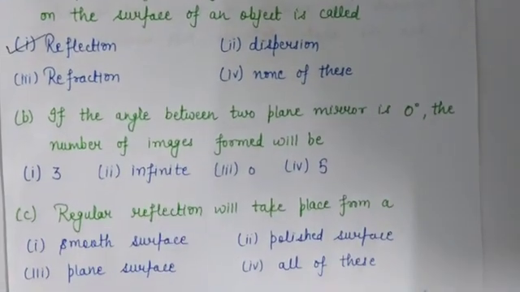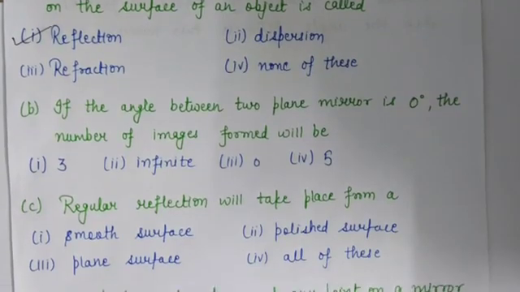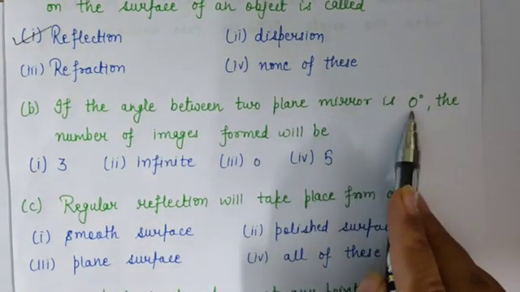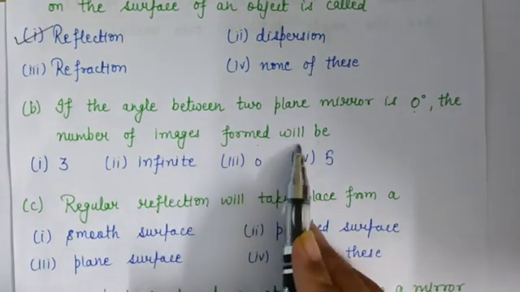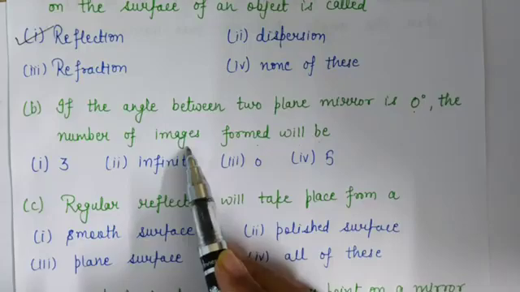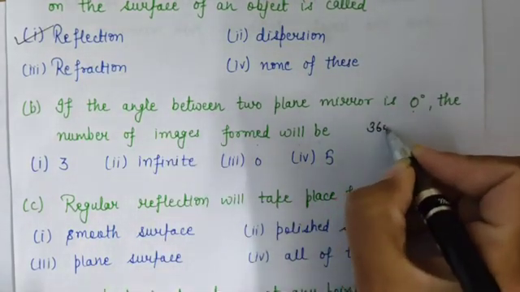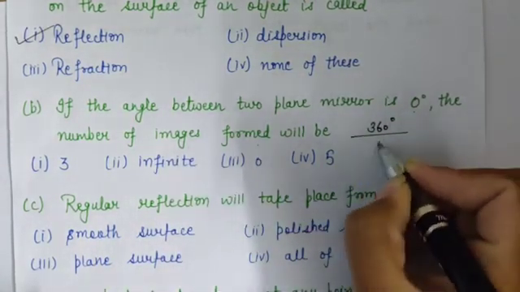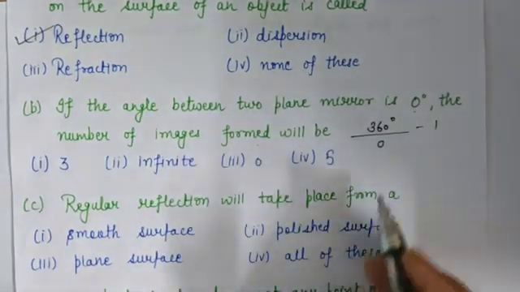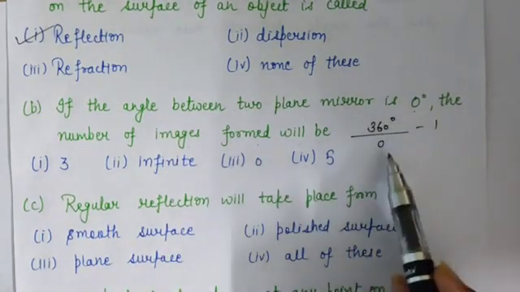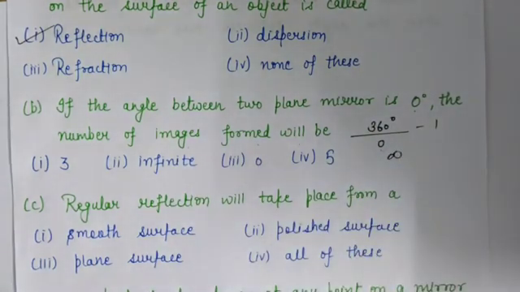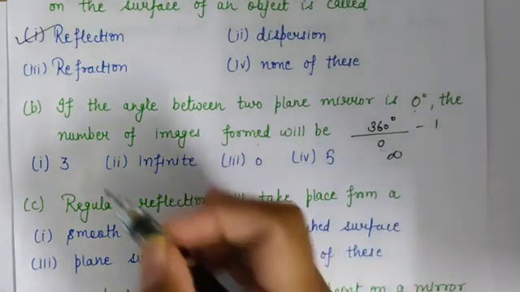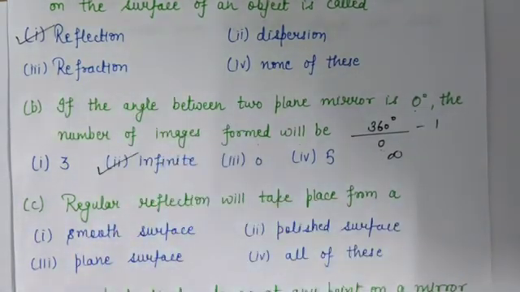Now B part: if the angle between two plane mirrors is 0 degree, then the number of images formed will be... We know the formula for calculating the number of images is 360 degree upon angle between mirrors, that is 0, minus 1. When we divide any number by 0, we get infinity, means this can't be defined. So the answer is infinite. An infinite number of images will be formed.